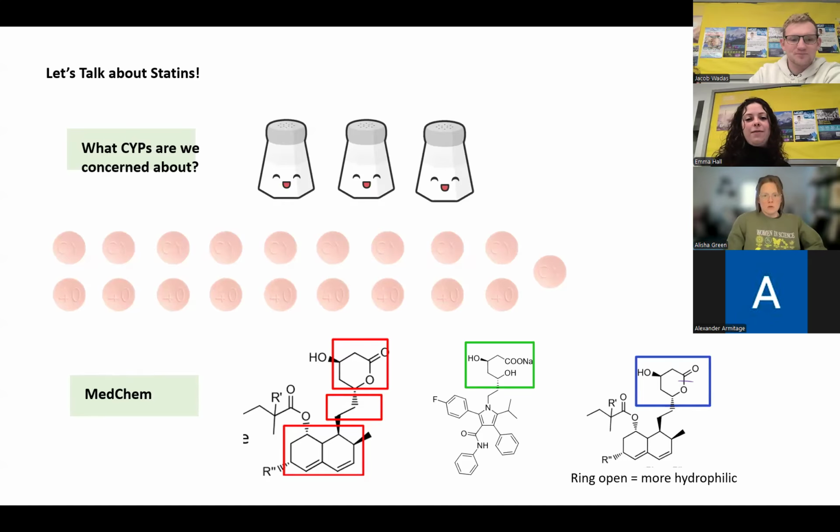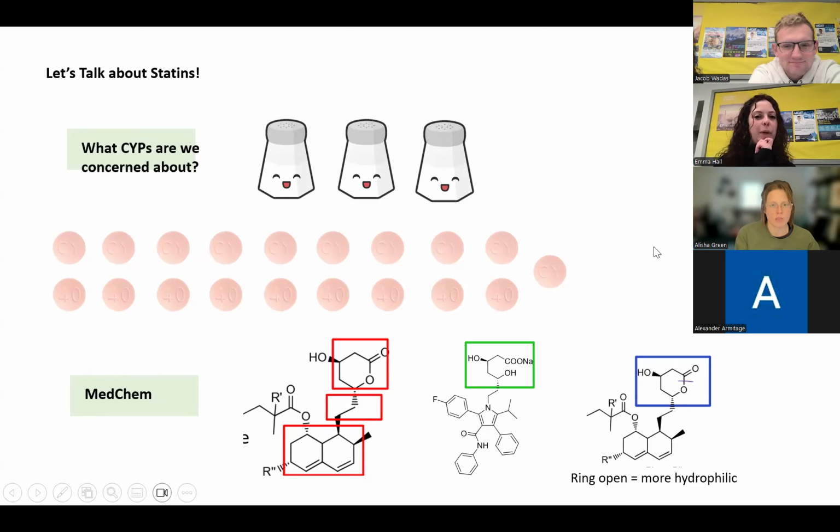I put a little image here to help you remember, three little salt shakers, for CYP3A4. And then there's one that's a little bit different, rosuvastatin, which is a substrate for CYP2C19 instead. If this can help you on the exam, just remember the little 19 rosuvastatin pills I put on this slide. Something fun to help you remember.